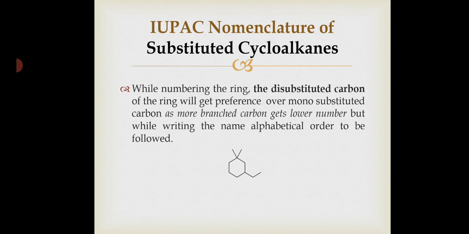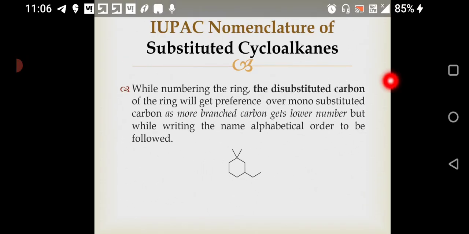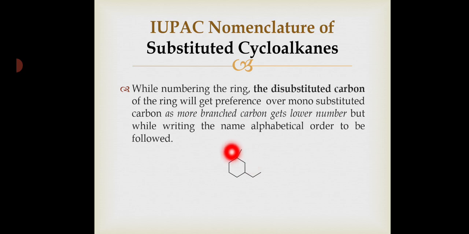But while writing the name, alphabetical order is to be followed. So which carbon is branched? This carbon is more branched than this carbon. So now the numbering should start from where? From this carbon or from this carbon? The numbering will start from this carbon, and so the numbering is in this manner.